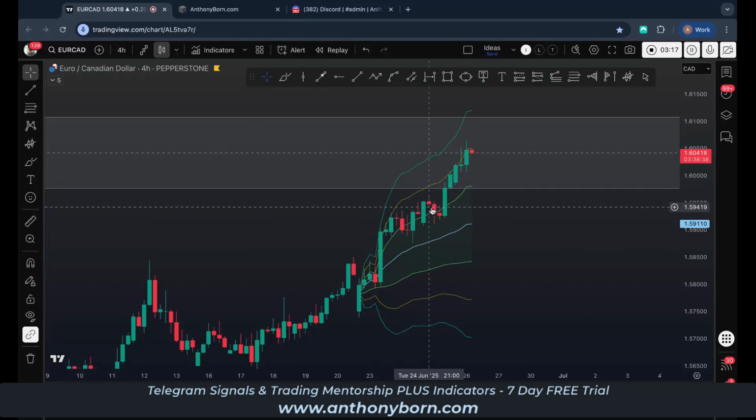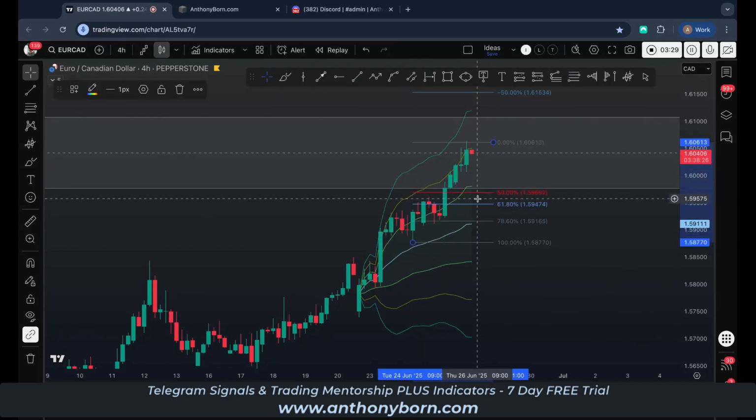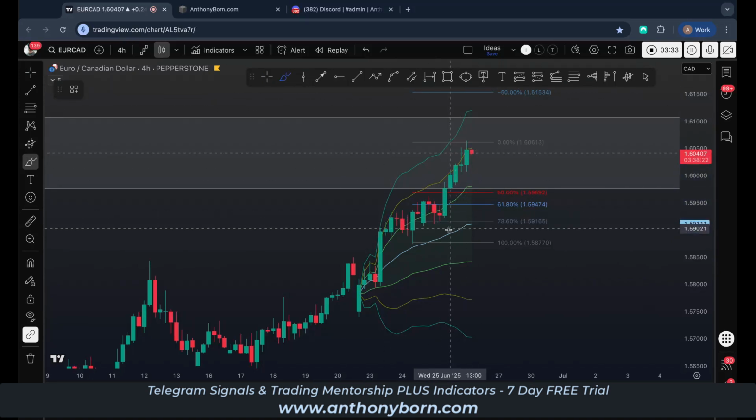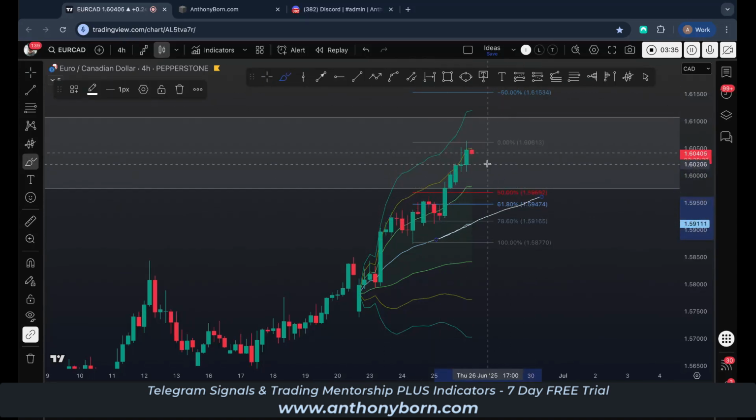So we're looking at this overextended. And consider that 50% or equilibrium idea, a pullback into equilibrium. If we match that up with how that's running and it pulls back, that makes a lot of sense to me.